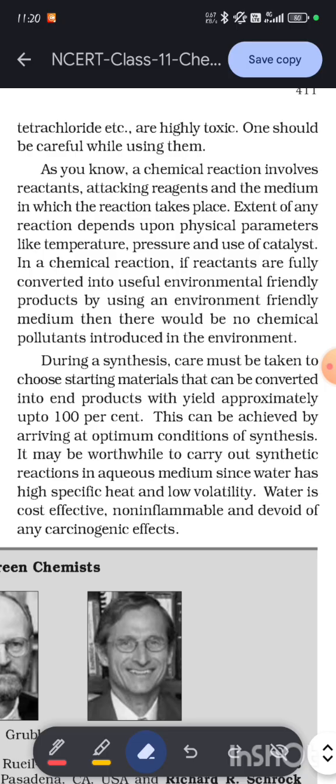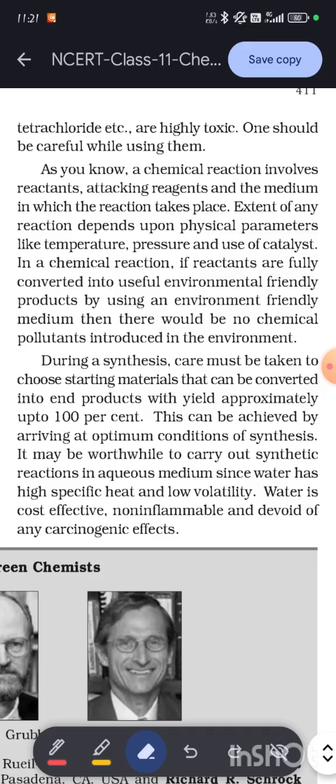If reactants are fully converted into useful environment friendly products by using an environment friendly medium, then there would be no chemical pollutants introduced in the environment. During a synthesis, care must be taken to choose starting materials that can be converted into end products with yield approximately up to 100%.